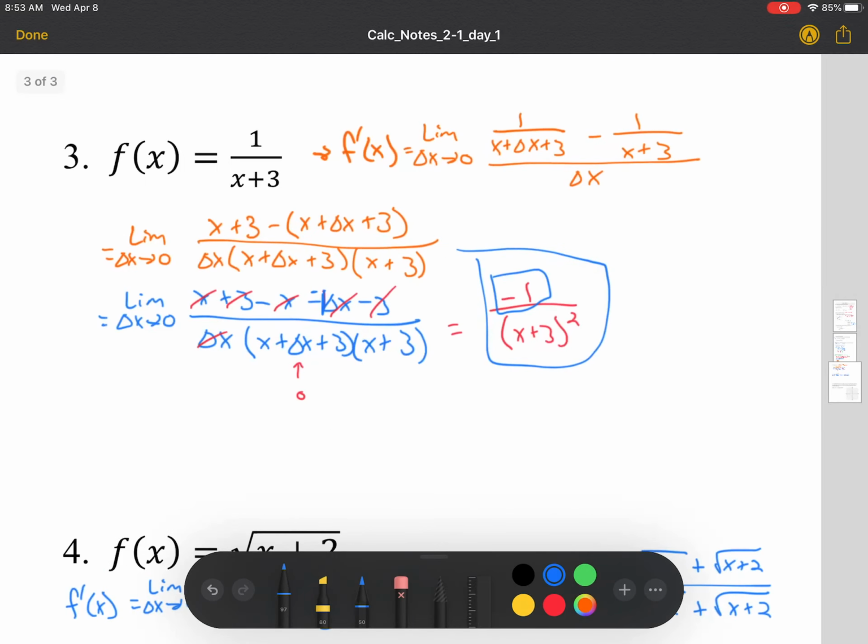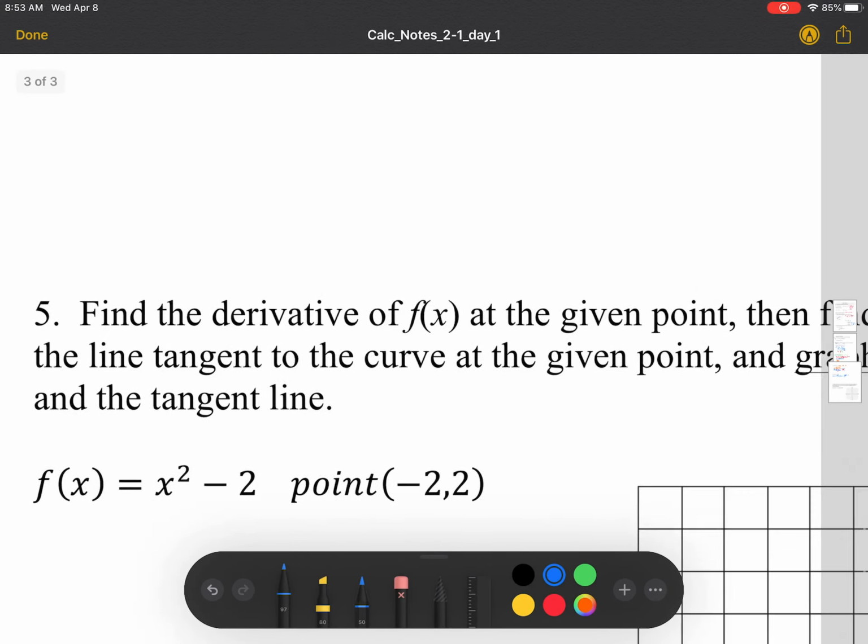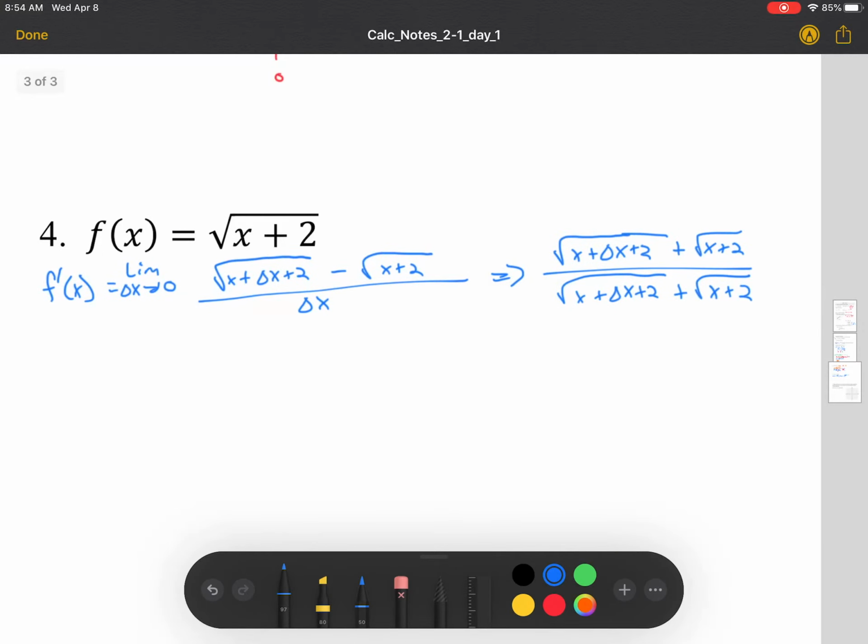All right, and what we're doing is we're multiplying that top and bottom to simplify it. Okay, kind of like its conjugate. We're multiplying by the conjugate. So we're getting delta x as it heads to 0.